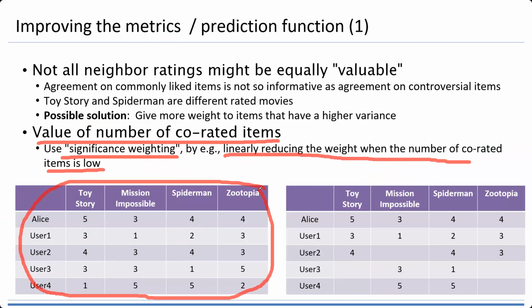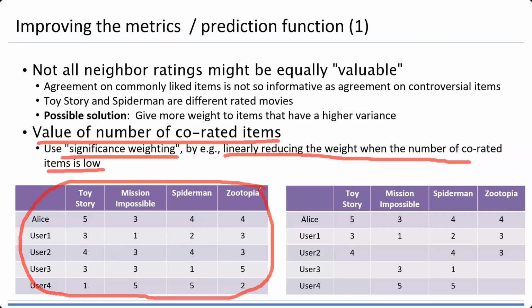So there's another method. We can use significance weighting. For example, linearly reducing the weight when the number of correlated items is low. For all the items we have the correlated, but here we have only 3.